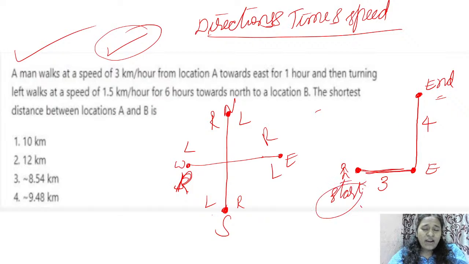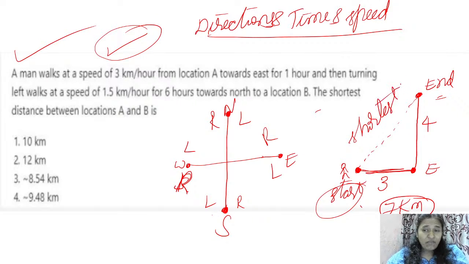If they are asking what is the distance between starting and ending, this is 7 kilometers, but if they ask what is the shortest distance between the starting and ending, friends, this time we have to apply the Pythagoras theorem. Everyone knows that, right?